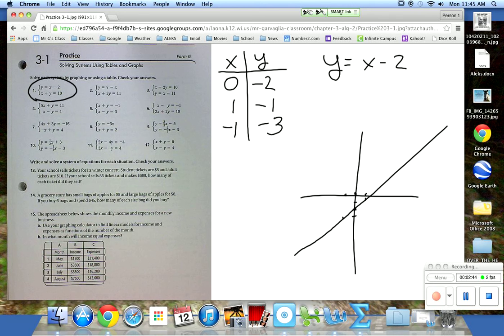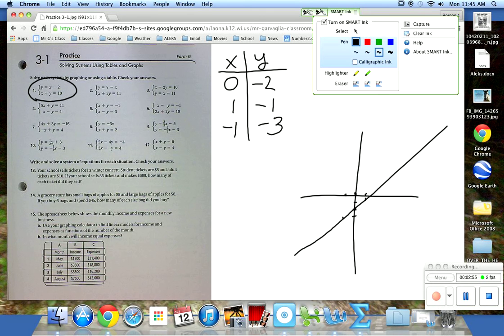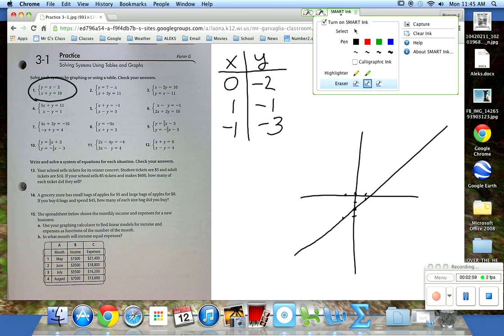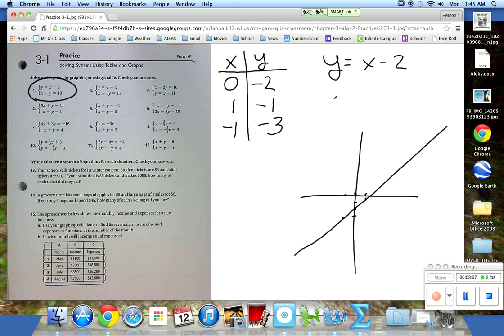Now, I'm going to turn around and I'm going to graph my next one. No, of course not. We have to graph our next one. What we're trying to do here is solve these two equations by graphing. Okay? So I'm going to put X plus Y equals 10.